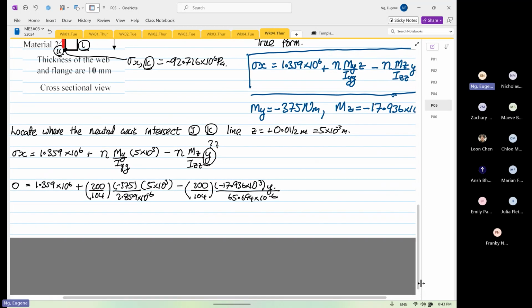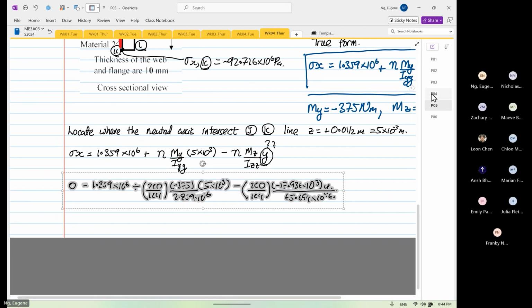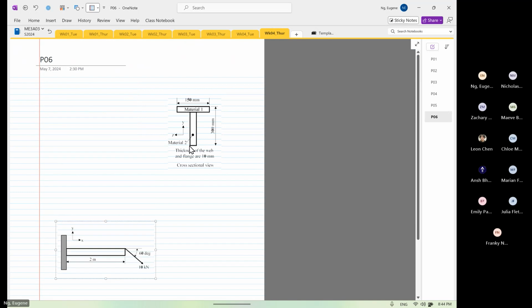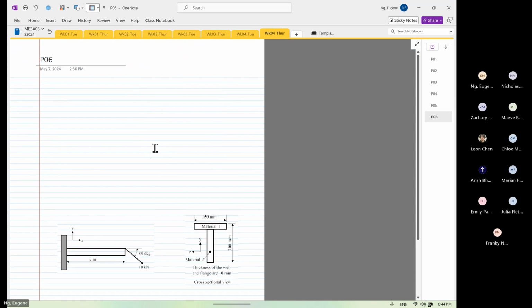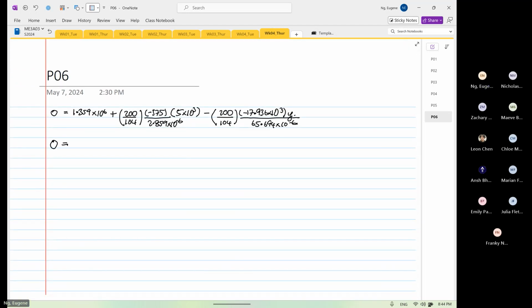So once I write this out, I will copy. So this will be equal to 0, 1.359 times 10 to the power 6 plus, no, it will be minus because it's a minus sign down there.